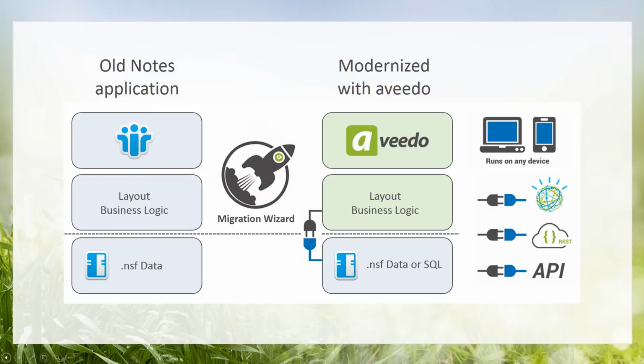It's a two-way REST service with read, write, and all operations that you can use with Aveedo to interact with other systems and your existing data. The new Aveedo interfaces, which are automatically generated by our migration wizard, run on any device. They are out of the box responsive and very easy to modify and enhance.